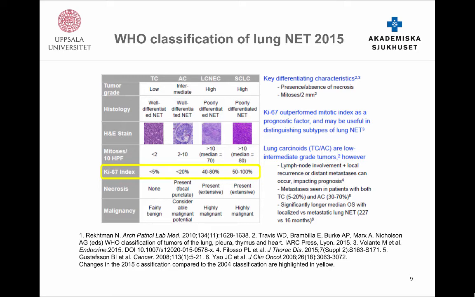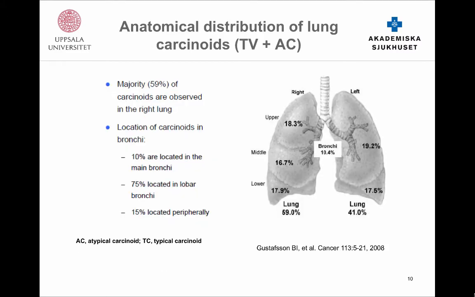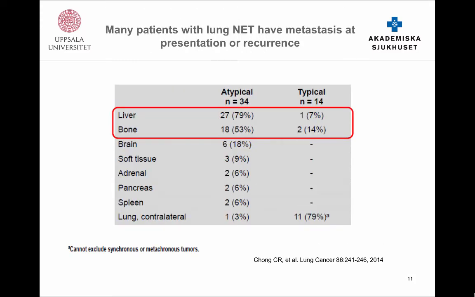We have heard about the WHO classification. I will not bore you with this again. And we have also heard that 75% of the tumors are located centrally and around 25% locally in the lungs.